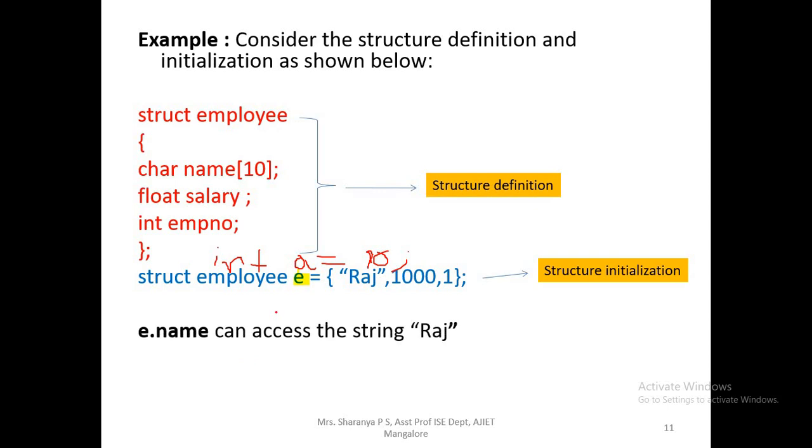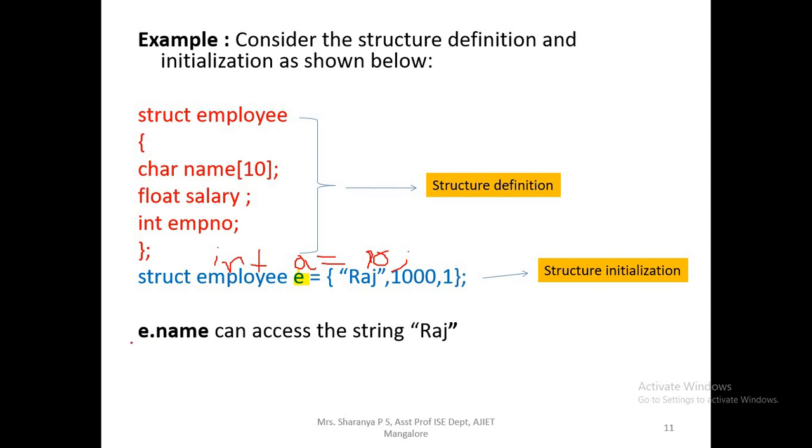Now coming to how we can access these values, that is by using the dot operator. For that, we first mention the structure variable name, that is e, and then the structure member name, that is name here.